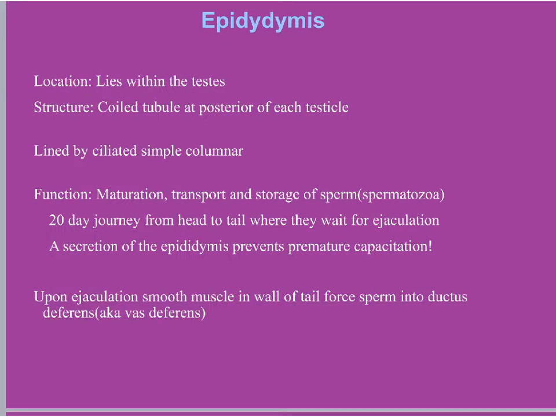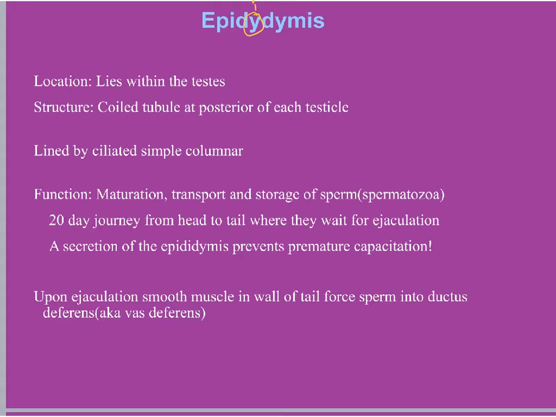So from the seminiferous tubules, the sperm will then be transported to a second structure called the epididymis. The epididymis, you may have seen it spelled like I have here with a D-Y, but you may also see it with a D-I-D or D-Y-D.